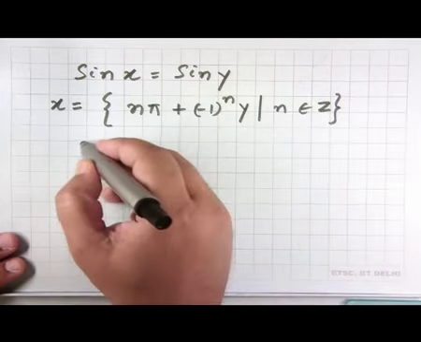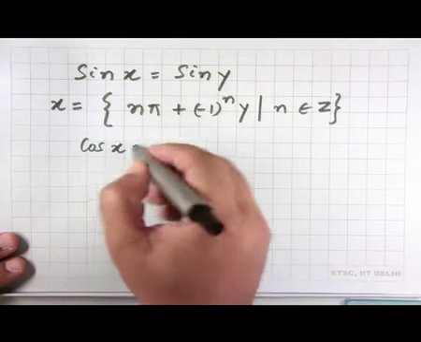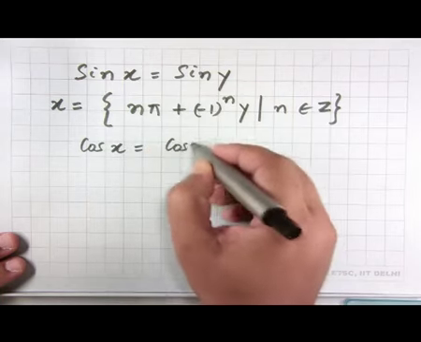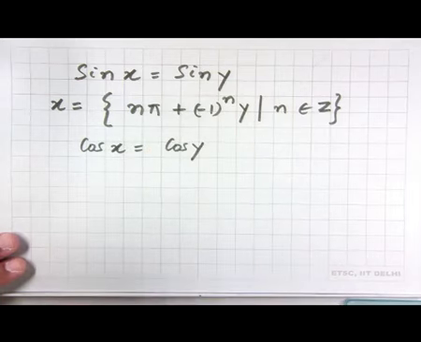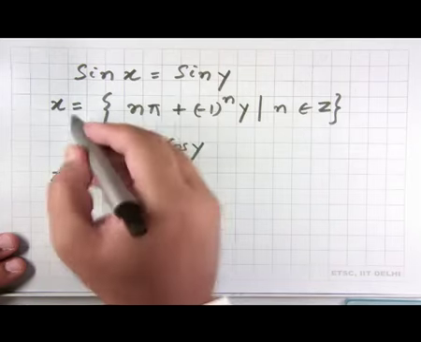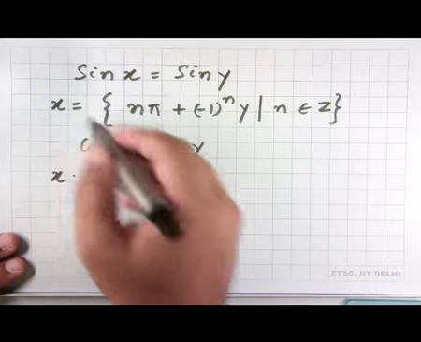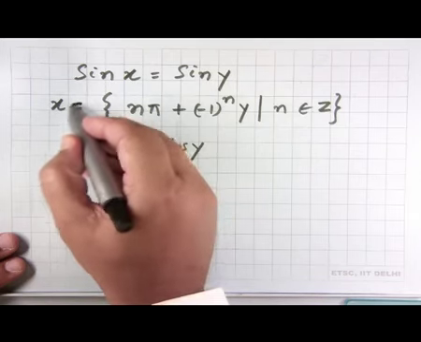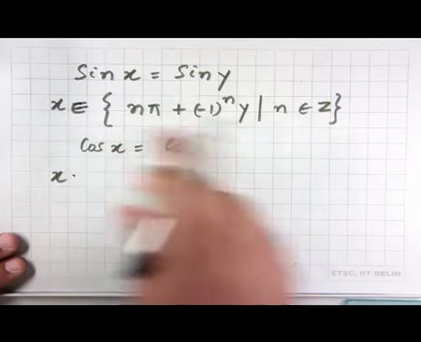Similarly, for the trigonometric equation of the form cos x equal to cos y, we showed that the general solution is of the form, so here when I say x equal to, it basically means that x belongs to this set.